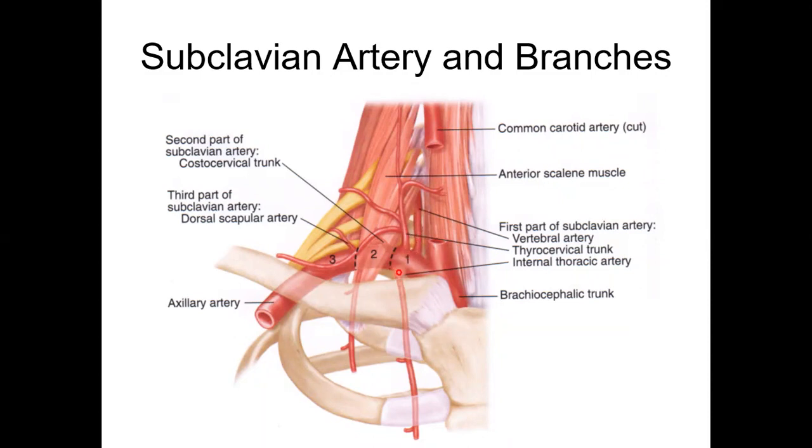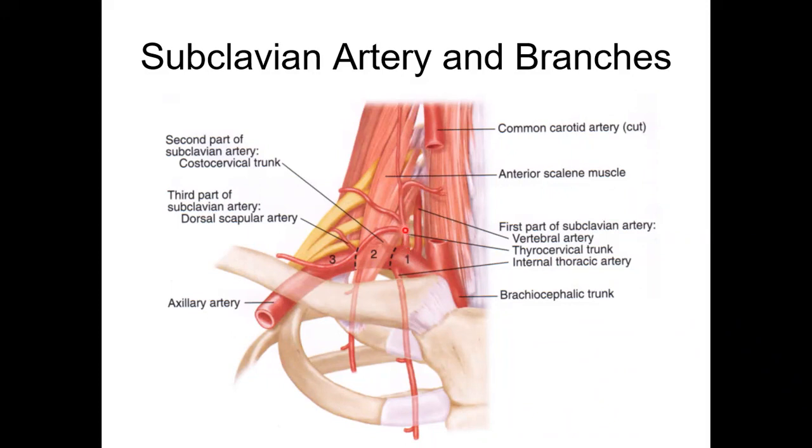Second branch off of subclavian, internal thoracic artery. You can see it coming down here, deep to the bones. And then third branch, your thyrocervical trunk. Now, your thyrocervical trunk does have branches coming off of it, because whenever you hear trunk, know that there are more branches to come.